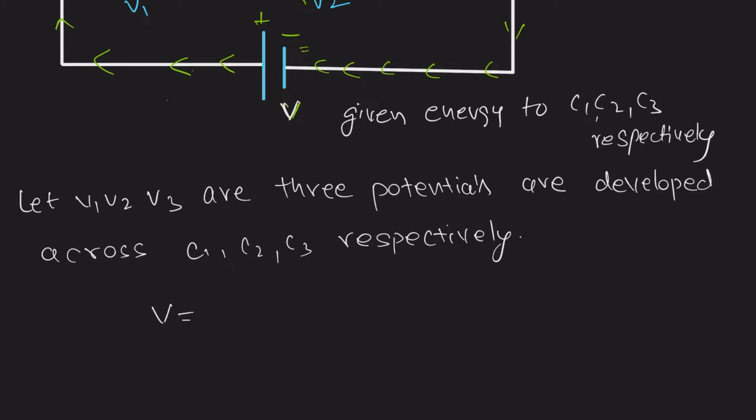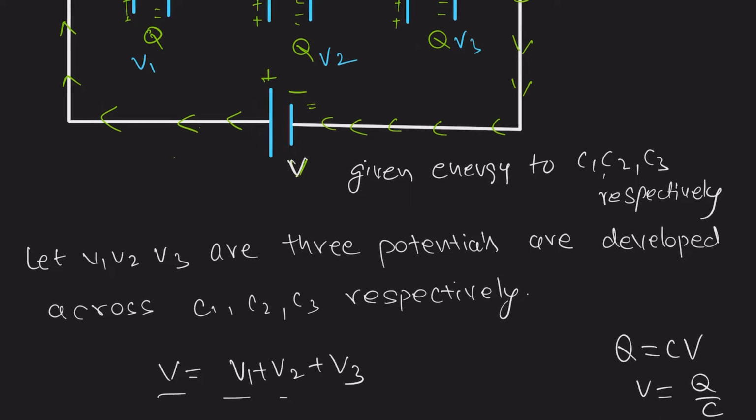The potential of the battery should be equal to V1 plus V2 plus V3. We know one of the formulas, Q is equal to CV. But here we want potential, so V is equal to Q by C.